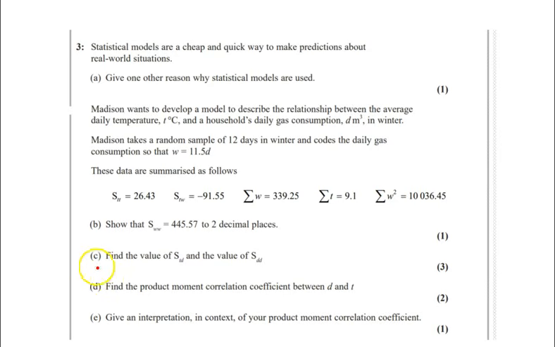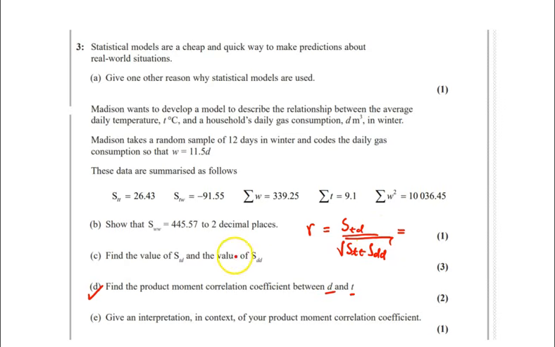Okay, the next one, we are looking for the product moment correlation coefficient between D and T. Now our R, the product moment correlation coefficient, is going to be STD over the square root of, the formula is in the formula booklet, so there's nothing to worry about, STT times SDD. We substitute in our formula.